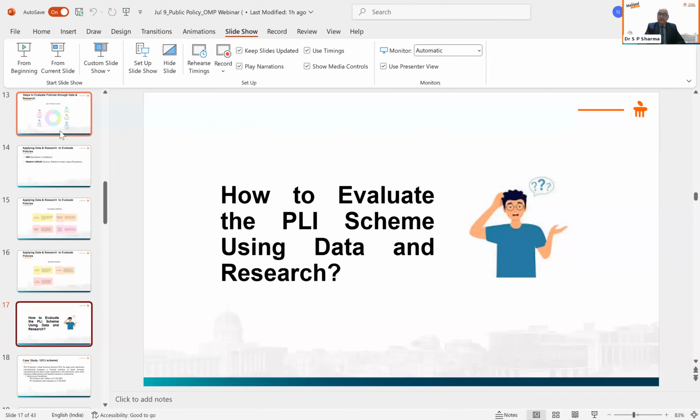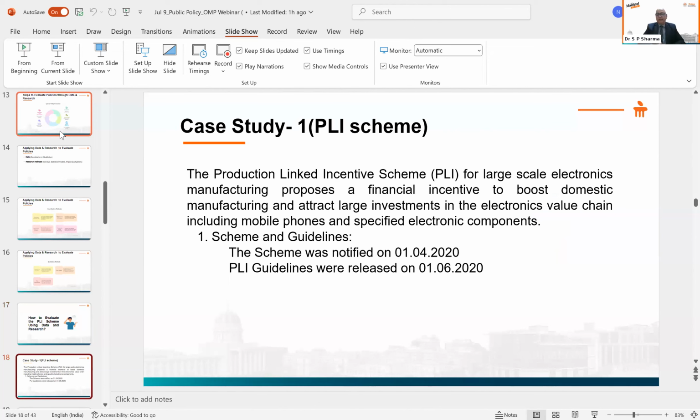The PLI scheme is very important for the government of India, for the industries, for the people, for the exporters, and for the employment seekers also. The government provided this scheme on 1st April 2020, and guidelines were released on 1st June 2020, and then the scheme started working.